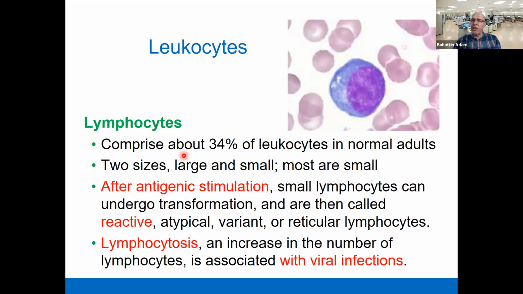Lymphocytes also increase, however the ratio of the neutrophils is higher in the bacterial infection. What does this mean? In bacterial infection we predominantly see an increase of neutrophils. In viral infections predominantly the lymphocytes increase.